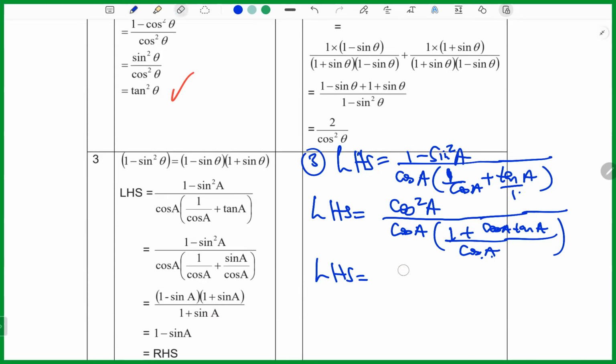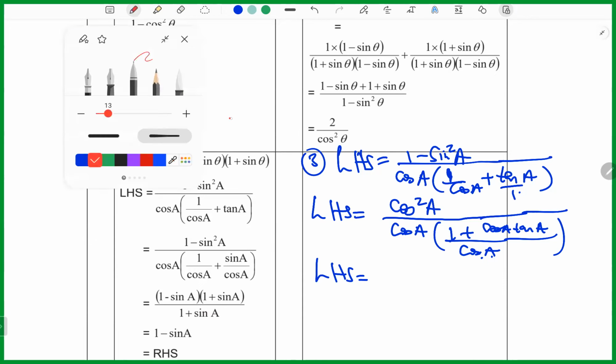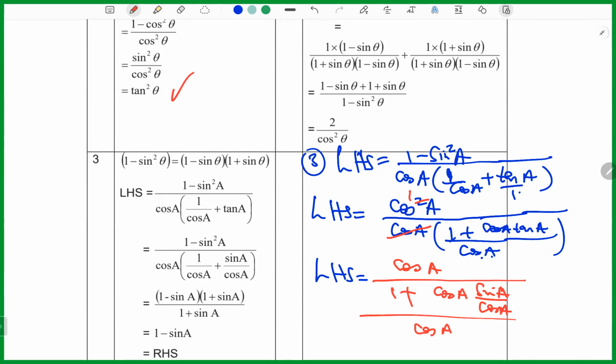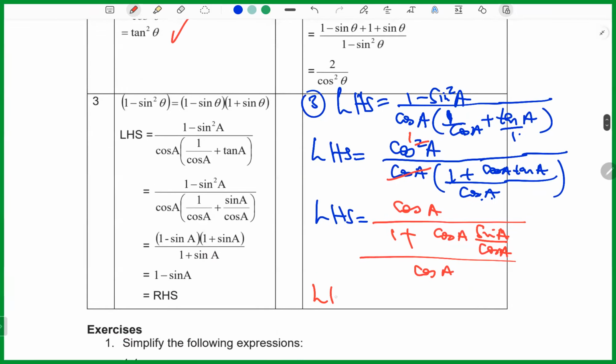Right, so to simplify this at this point, you just say the following. You just say the cosine will divide 1 from the 2 factors of the cosine, leaving us with just cosine A. You divide that by, so you have 1 plus cosine A, sine A over cosine A, all divided by cosine A. The left-hand side.